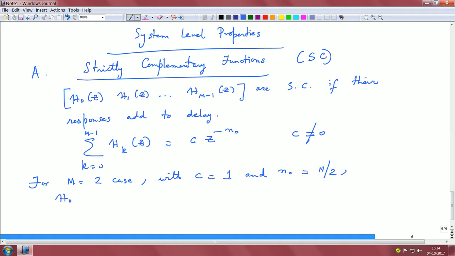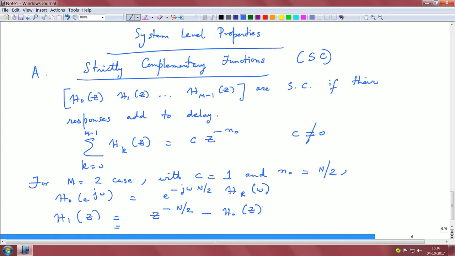if we start with our base filter, H naught of e j omega is some e power j omega N by 2 times some h r of omega, then I can say H1 of z is z power minus N upon 2 minus H naught of z, which is what I have.